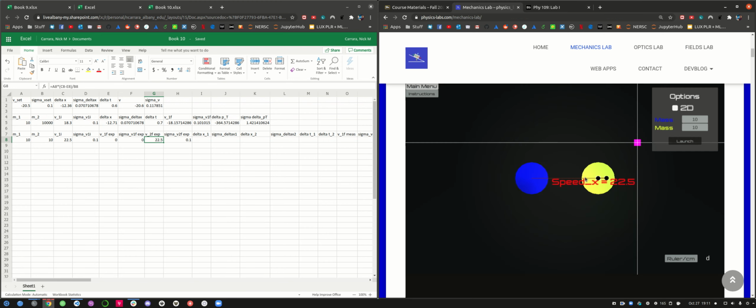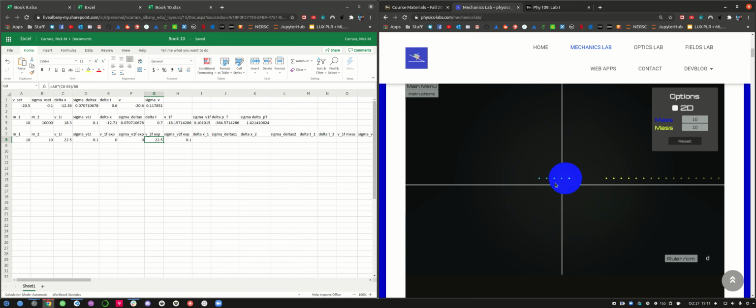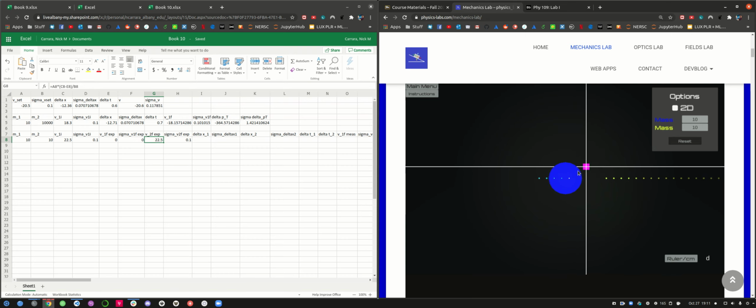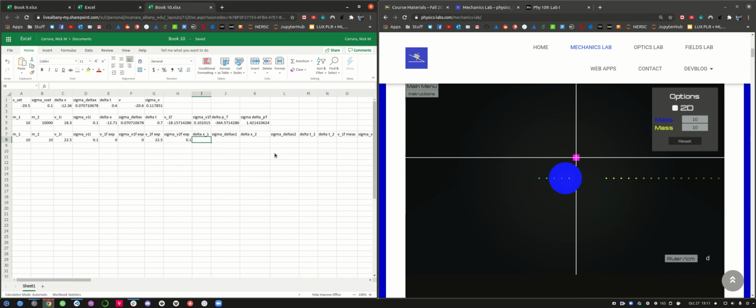So let's see what happens when we run this now. And there we go. We get exactly what we thought we would get. I can't measure any final velocity of the first puck because, well, there isn't any. So this is just going to be 0.